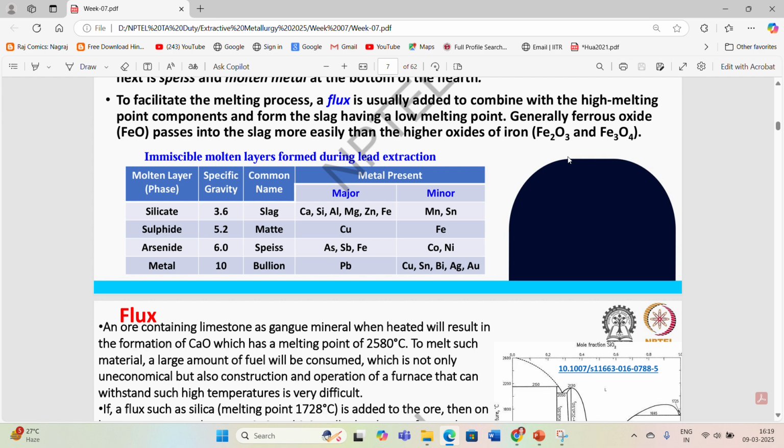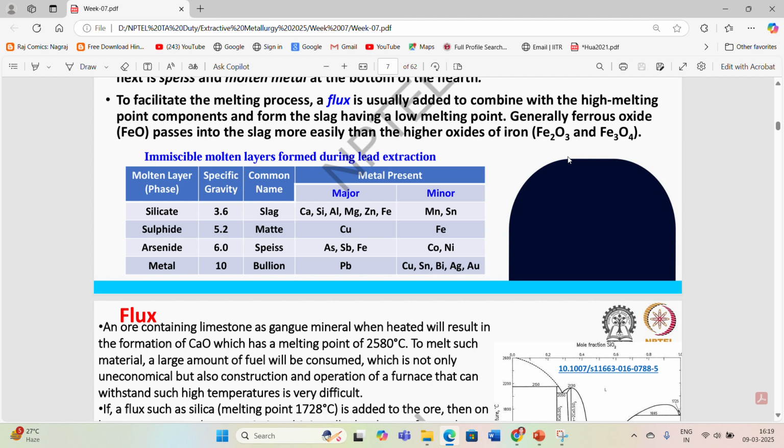The major element will be copper. Then there are arsenides having a specific gravity of 6.0, also known as speiss, which generally contain antimonides and arsenides, or sometimes iron will go into that speiss phase. Then there will be metal, which has a specific gravity of 10, and the common name is bullion. The major metal present inside this liquid metal will be lead.